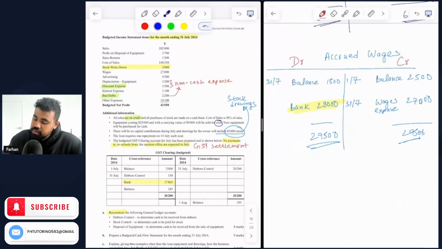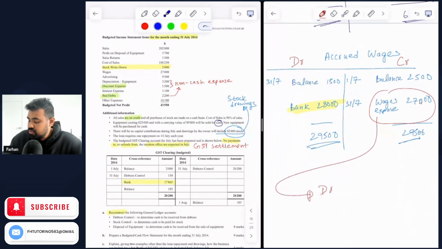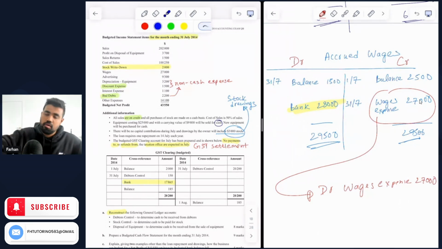Let me show you how this makes sense. Wages expense by default should always be debited in itself. But we understand that the business has some accrued wages, which means that wages are paid after a time period has passed. For example, after the week has passed and then you pay for it next week. And that is why accrued wages could exist.